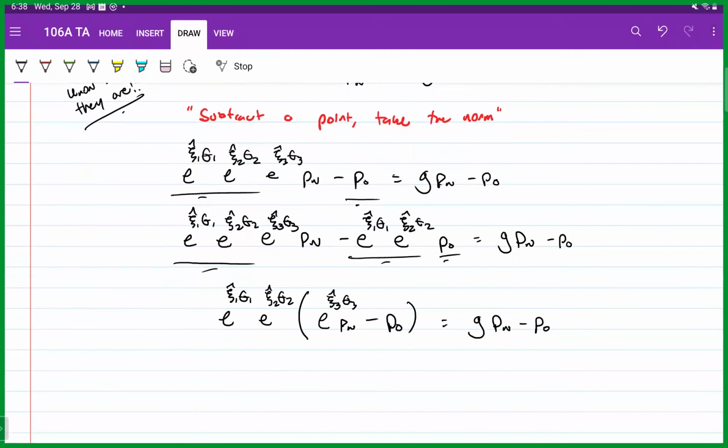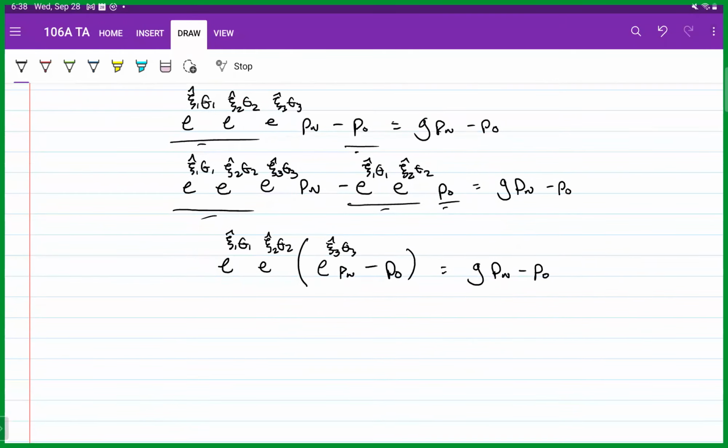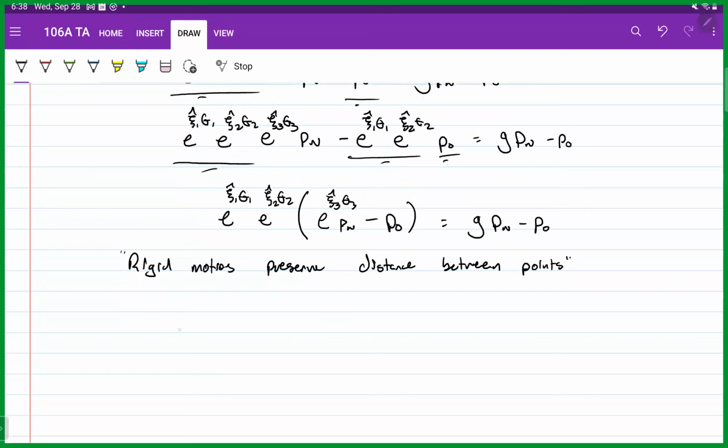Okay, cool. So now let's talk about a property of rigid body motion. We know that rigid motions preserve distance between points. Okay, so if we have a point like P1 and P2, and they have this distance D between them, right?